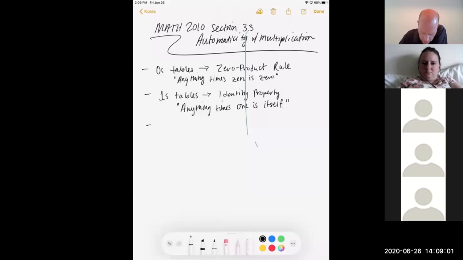Okay, the next one's the twos tables. How do we know what 2 times something is or anything times 2? How do we know what that is? Isn't it the doubles? Right. It's just double itself. Doubles, like you're going to add it to itself. Okay. So I'm going to do some examples here. 2 times 5.